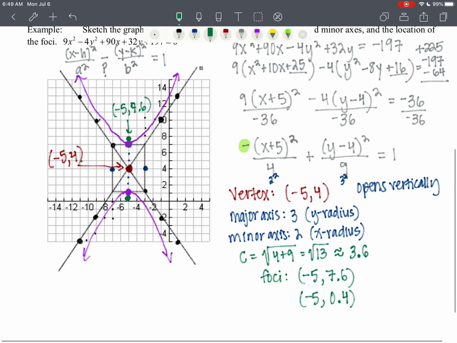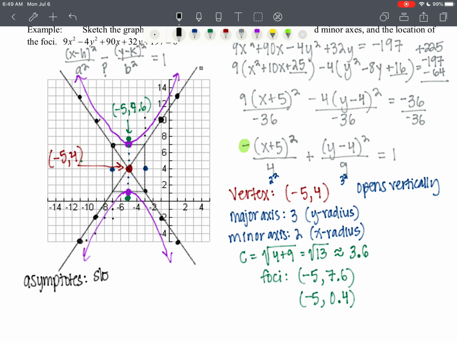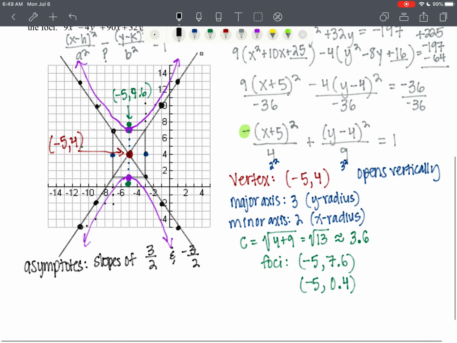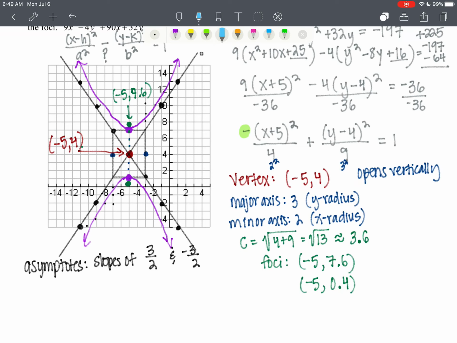One last thing we want to do is find those asymptotes. So my asymptotes have slopes of positive 3 over 2 and negative 3 over 2. Now for the positive 3 over 2, I don't quite know what that y-intercept is, but I do know points that are on that line.